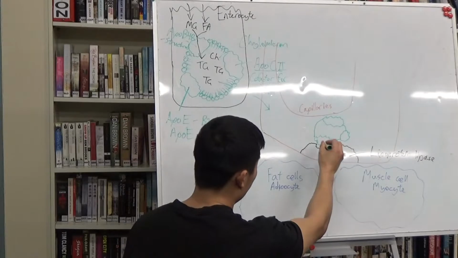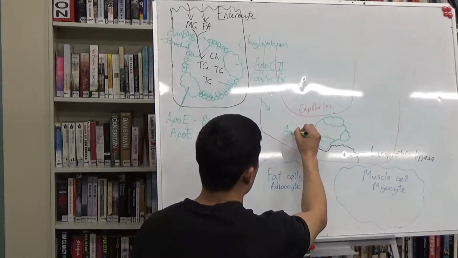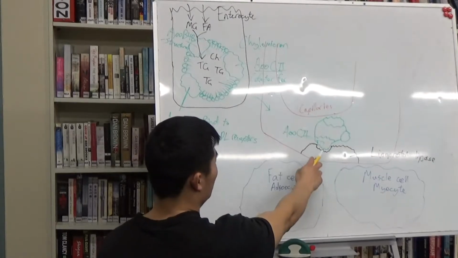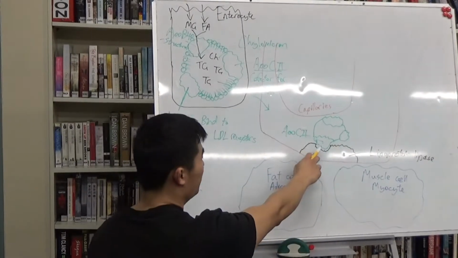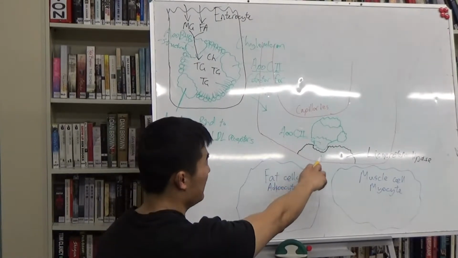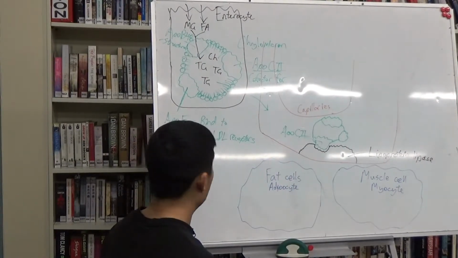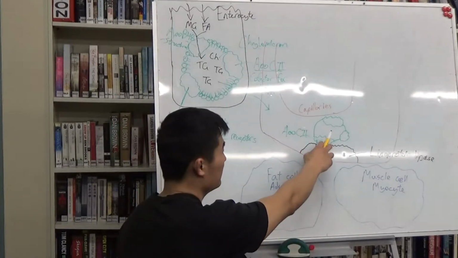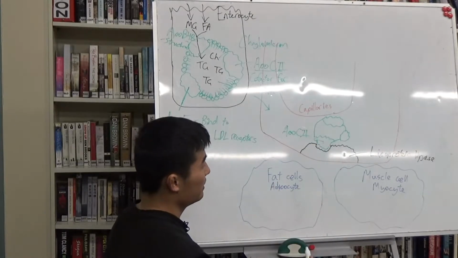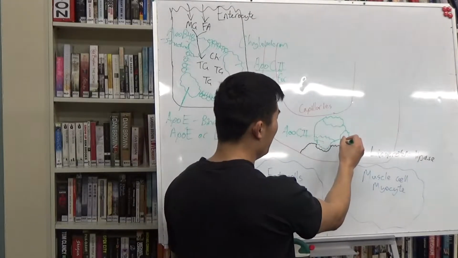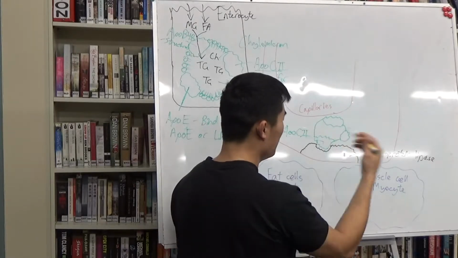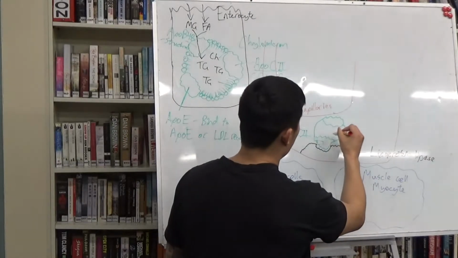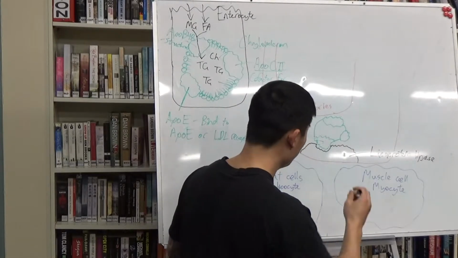So ApoC2 is the cofactor for lipoprotein lipase, and it's going to bind to the lipoprotein lipase enzyme. So that's going to hold the chylomicron in place, so that the lipoprotein lipase can catalyze the reaction and break down those triglycerides.